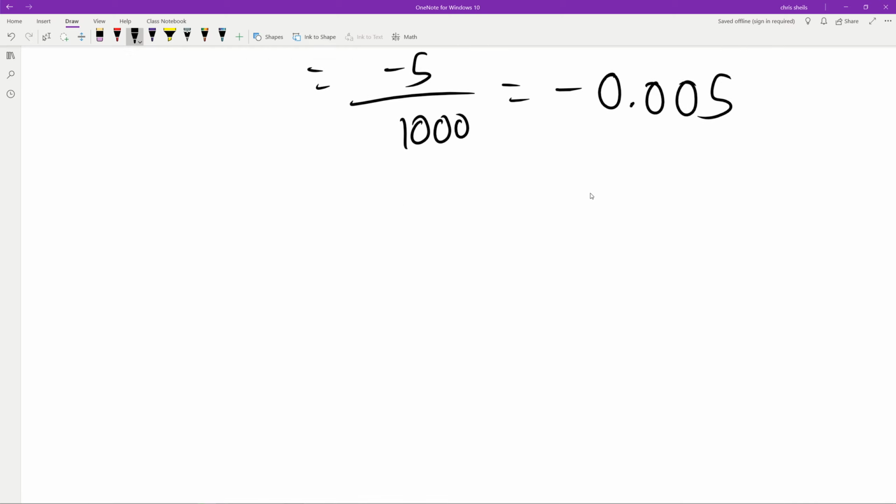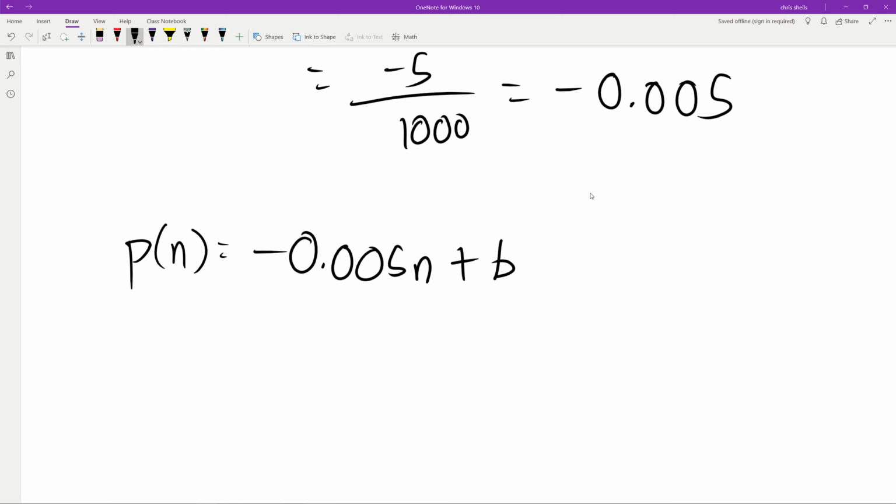So my function is in the form P of N is equal to negative 0.005 times N plus B. Now I have to find out what this b is.